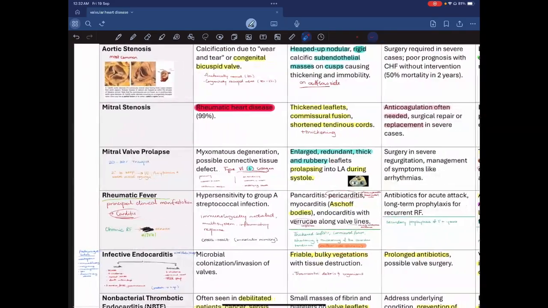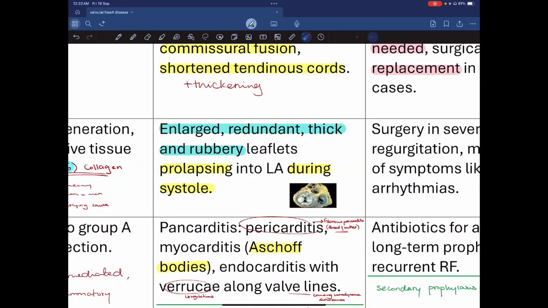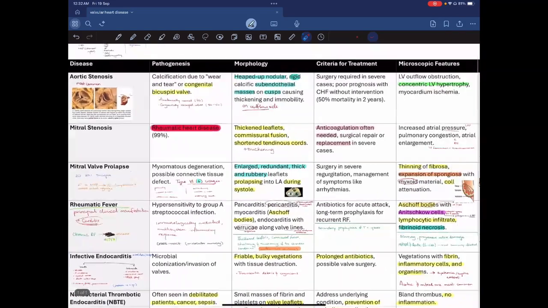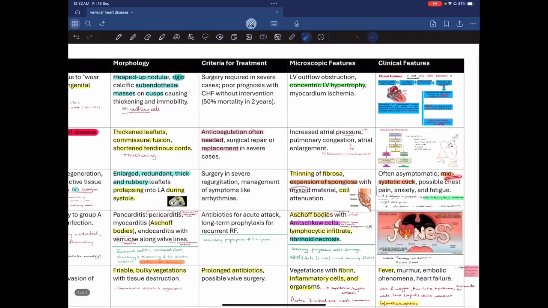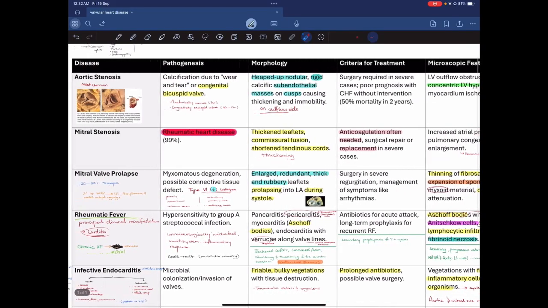But what I will be seeing is enlarged, floppy, thickened, and rubbery leaflets prolapsing into the left atrium during systole. That's why it has something called a mid-systolic click, which you should remember. It's one of its characteristics.